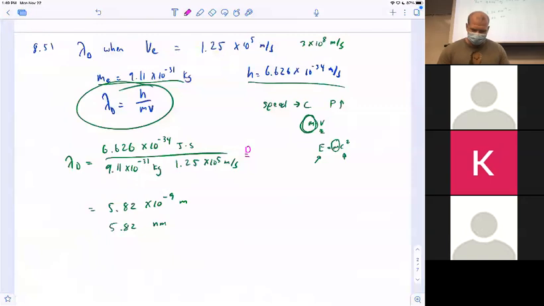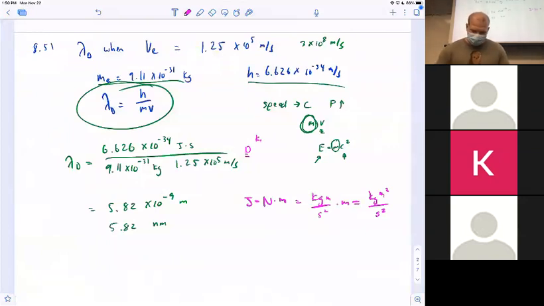A joule is a newton meter, and a newton is a kilogram meter per second squared. So a joule is a kilogram meter squared over second squared. I don't memorize a lot of things; I just remember where it comes from.